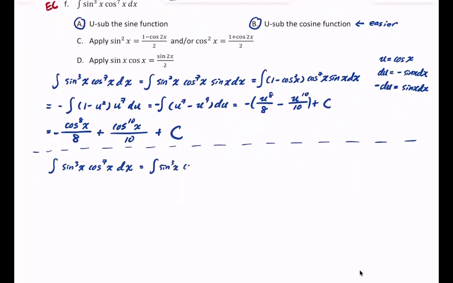You want to break off one cosine to get ready for the du part. And cosine to the 6 is cosine squared and then cubed. So it's 1 minus sine squared, that gives you cosine squared, and you cube it, you get the 6th power.